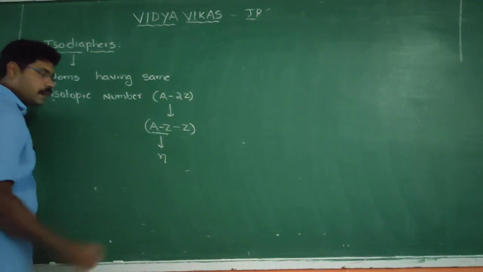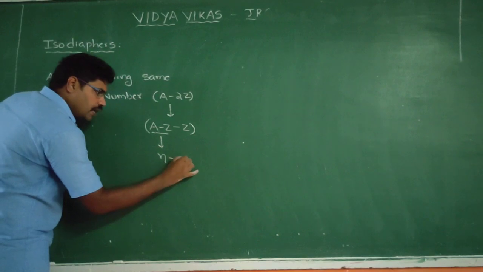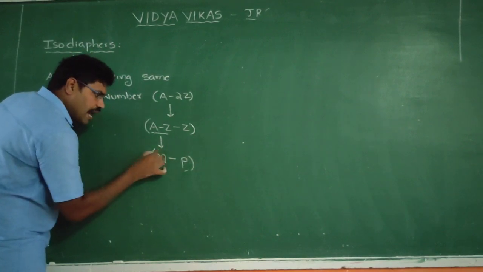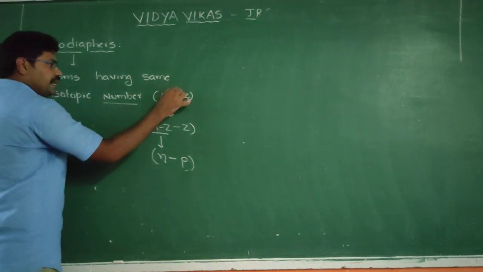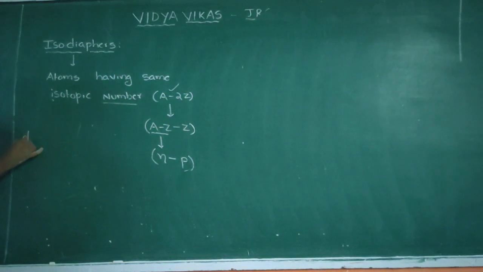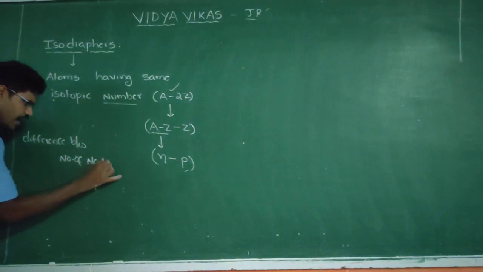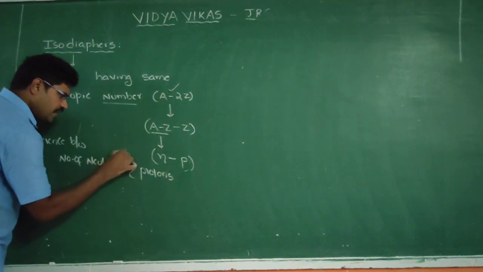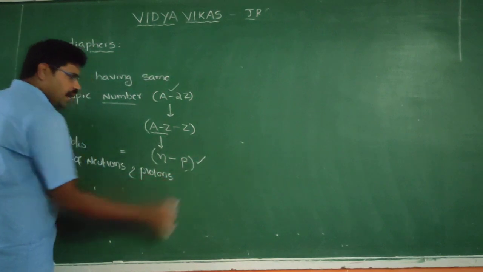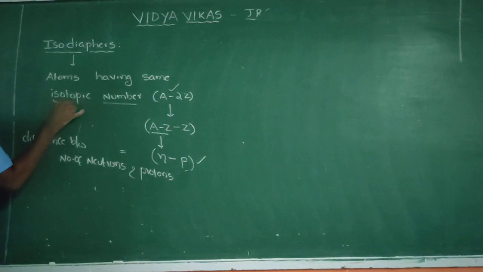So, isotopic number means either A minus 2Z or, dear students, the difference between number of neutrons and protons. Keep in mind, the difference in number of neutrons and protons, n minus p, or A minus 2Z, we simply call it isotopic number.